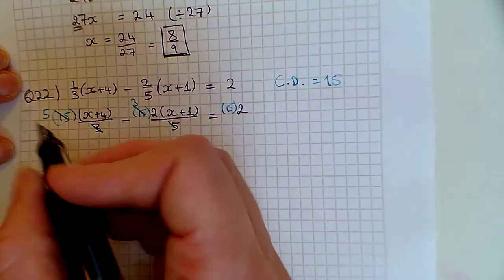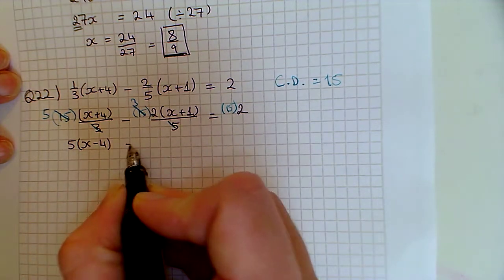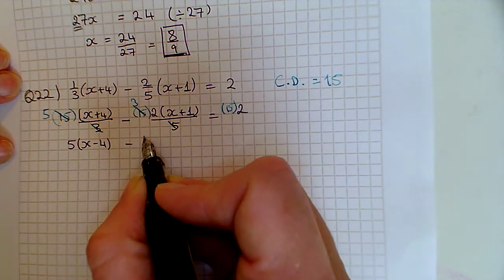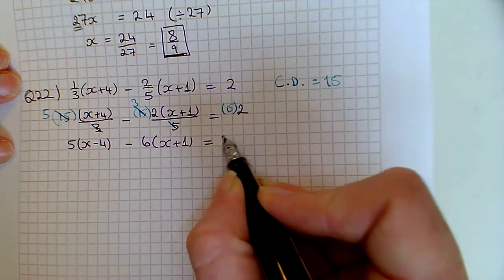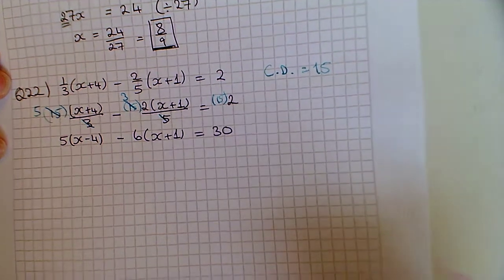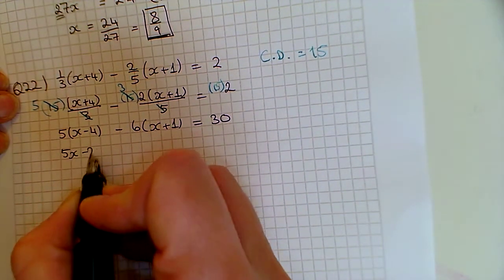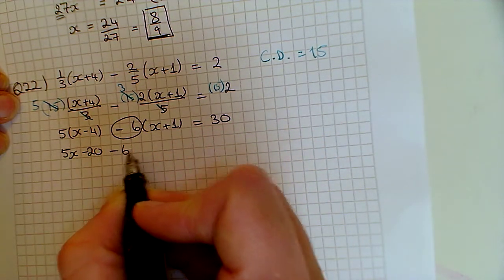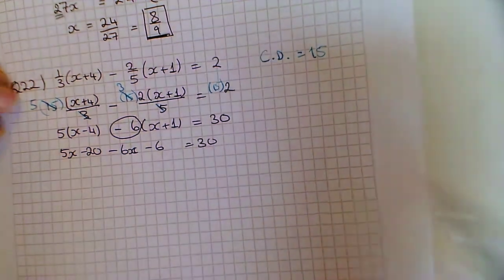So when I rewrite this again, I've got 5 bracket x plus 4 minus, that's not 32, it's 3 times 2, so it's 6 bracket x plus 1 equal to 15 by 2, which is 30. Then I multiply out my brackets and get 5x plus 20. Remember that minus belongs to the 6, so I have minus 6x minus 6 equal to 30.